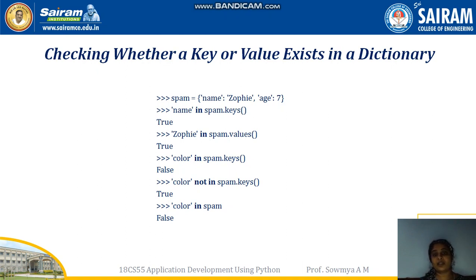So name in spam.keys(), if the keys contain name, then it returns true. Next one is spam.values(). Here checking Zophie. If it is in the values, then it returns true or else false. And not in works exactly opposite. If it is not in the dictionary, it returns true. If it is in the dictionary, then it returns false. So not in works for the not method.